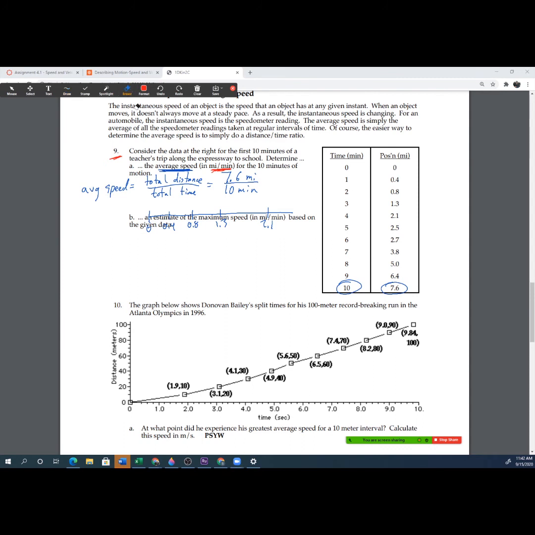But for the next piece, it asks us this idea of maximum speed.